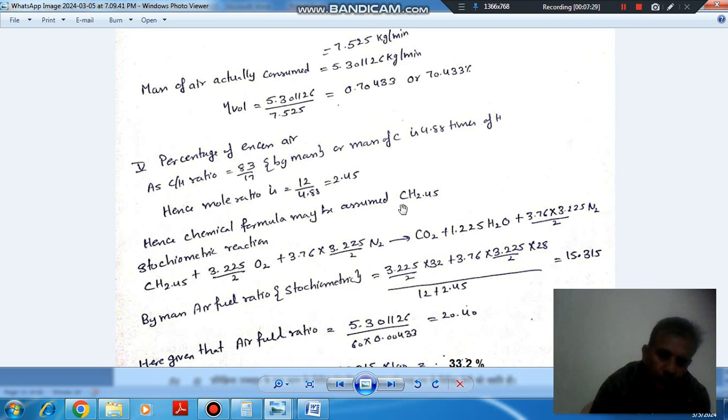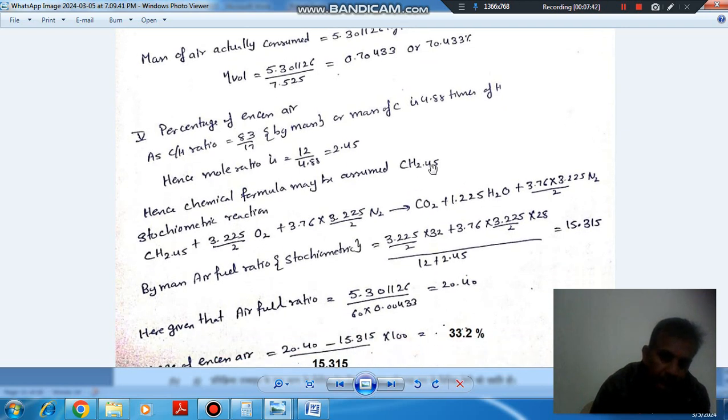So we can safely assume that the chemical formula is CH2.45, and after taking this chemical formula, we find out the stoichiometric reaction ratio. So this is your CH2.45 plus O2 in a stoichiometric chemical reaction, and products should be CO2, H2O, and N2.